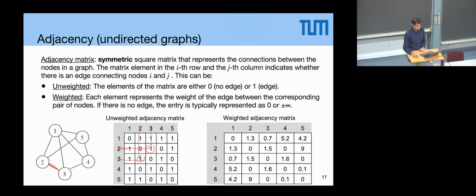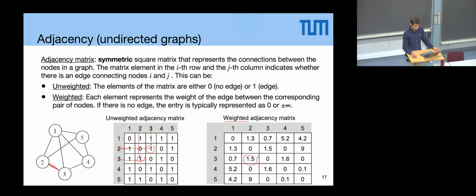This is an unweighted adjacency matrix where the elements are 1 if there is an edge and 0 if we don't have any edge. We can also have a weighted adjacency matrix where the edges can be indicating other information. For instance, if this was a social network like Facebook, we can have a weight indicating for how long they have been friends, so for how long 2 and 3 have been friends.